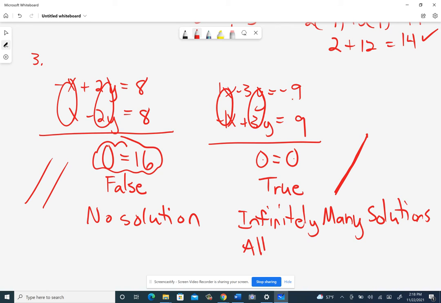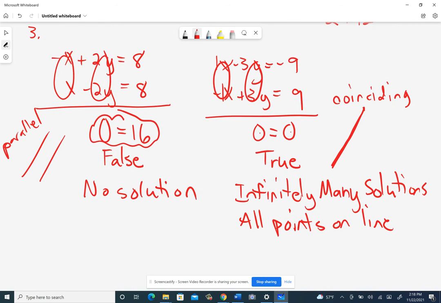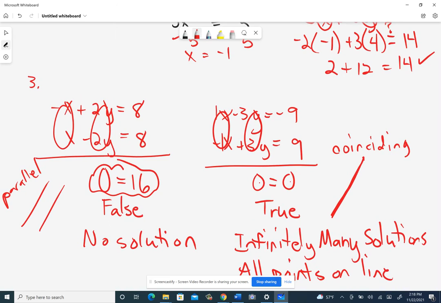It's really all points on the line would work. Here we had parallel lines. Here what you have are coinciding lines. They're really the same. So the solutions would be all the points on that line because all the points are in common.